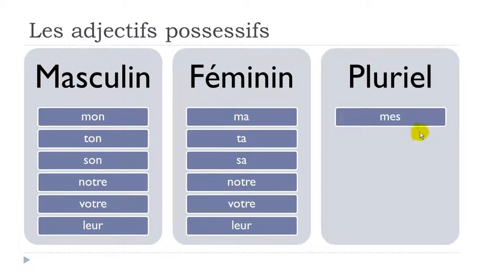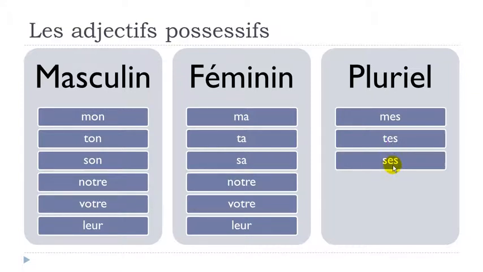So for the pronunciation aspect of it, remember that this es here combined will give you the sound eh. So you'll pronounce it like me. Te, so logical, same pronunciation here, te, se. All right, so me, te, se.